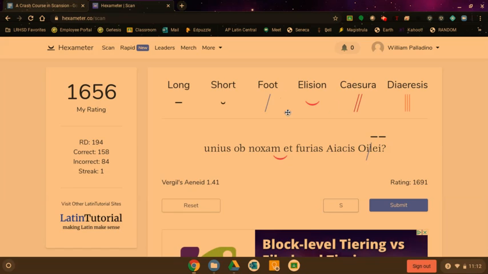Now the foot before that is going to be a dactyl. So Iacus. I believe. Sorry. Now I'm hoping that's not two different syllables right there.